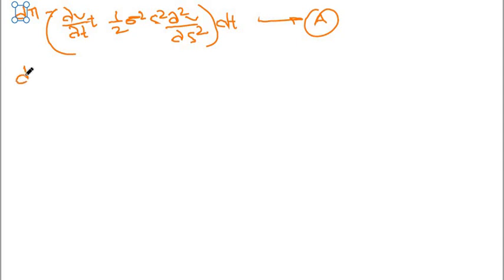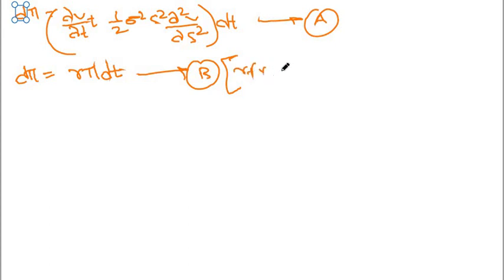That means the change in the portfolio would be equal to the risk-free rate into your original portfolio value over a small interval. Now this is equation B, the risk-free rate driven change in portfolio, since your portfolio is now delta hedged.